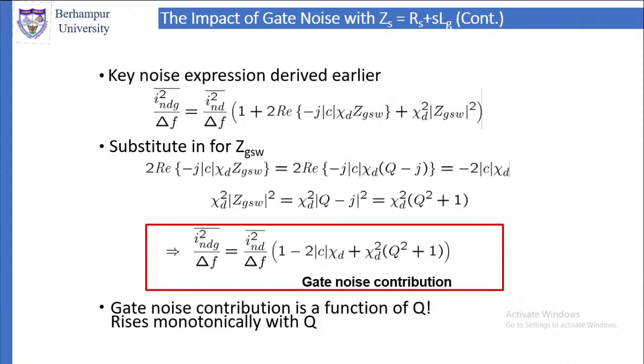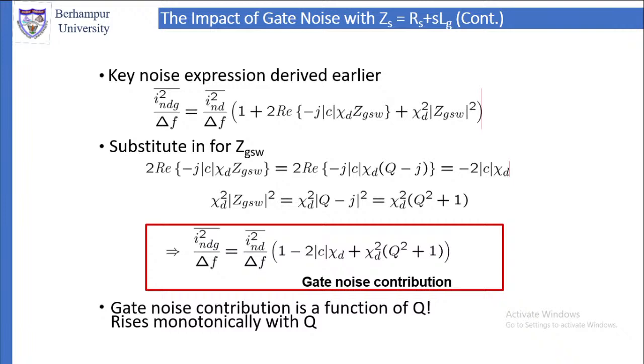Now put in the value that we have found for JGSW, and this will be equal to minus 2 times absolute C times xi d. Similarly, xi d square times the absolute square of ZGSW will be equal to xi d square times Q square plus 1.